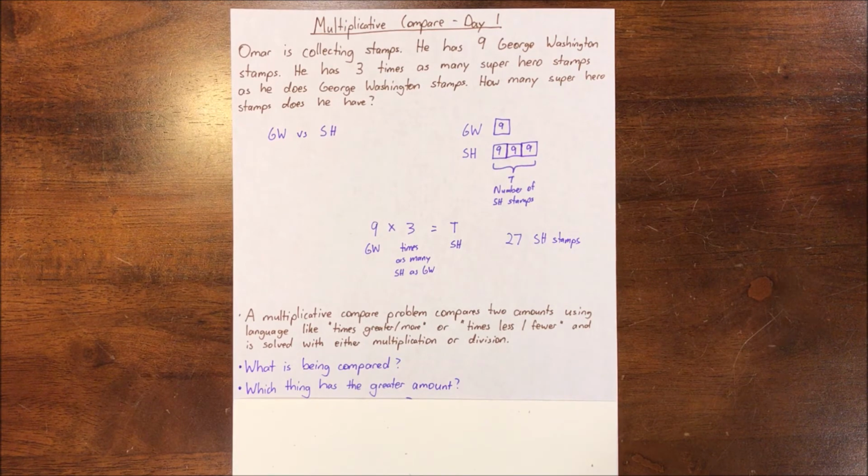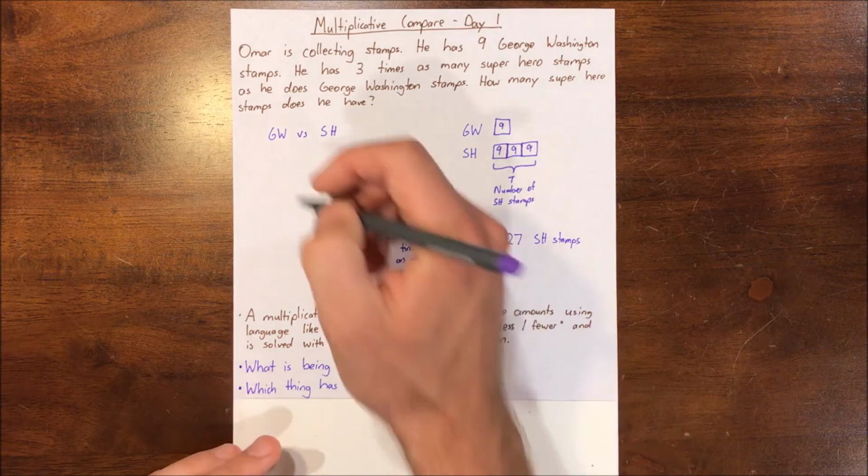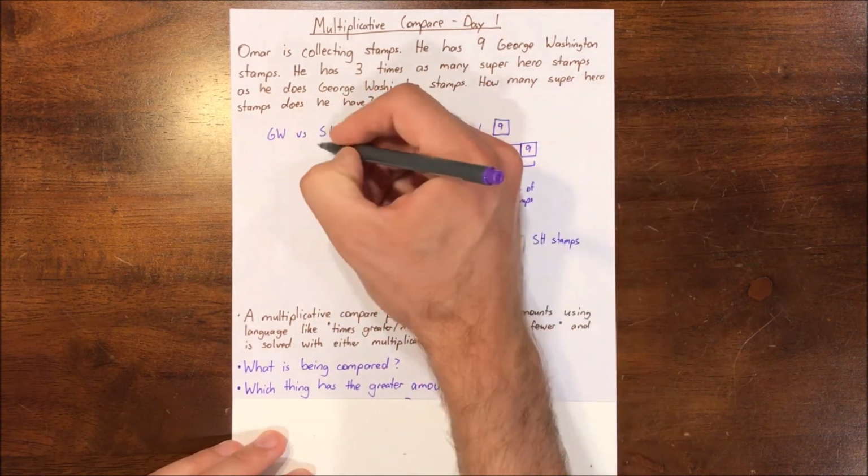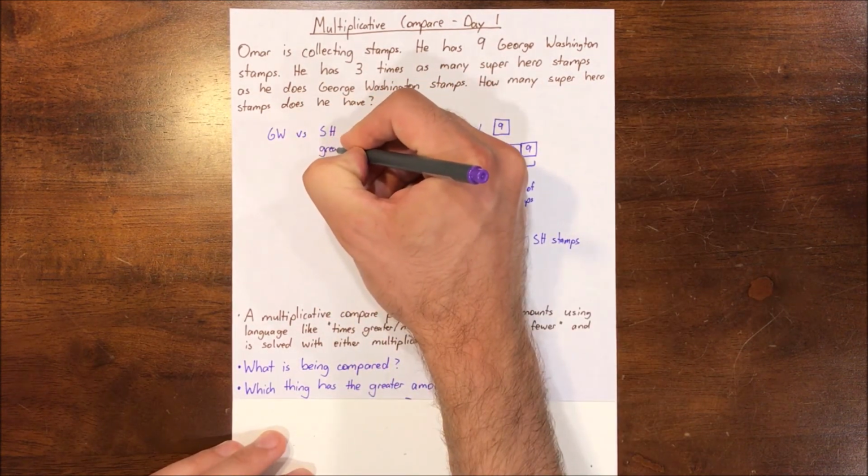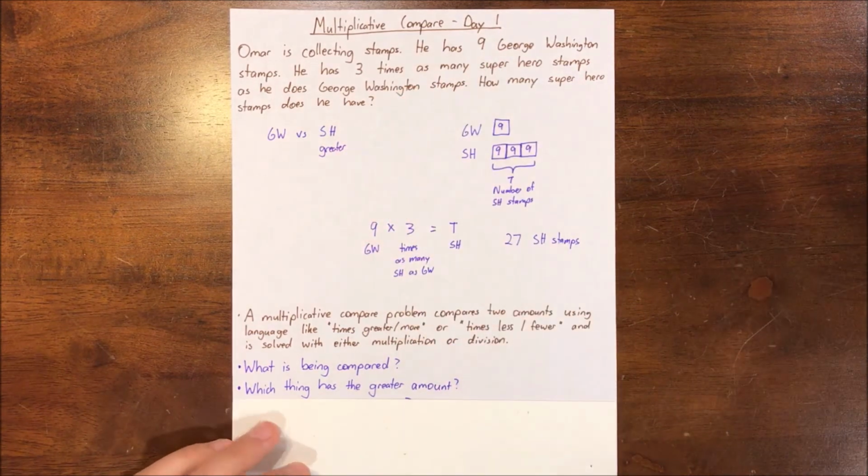And how do we know? Say it out loud. Yeah, it says in the story he has 3 times as many superhero stamps as George Washington stamps. That means there are 3 times more or 3 times greater. So I'm going to jot greater right under superhero. Okay, great.